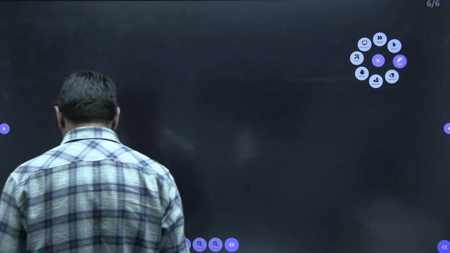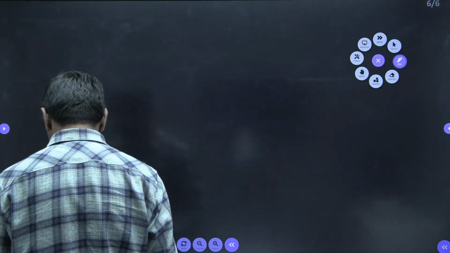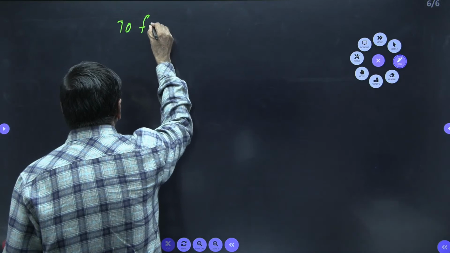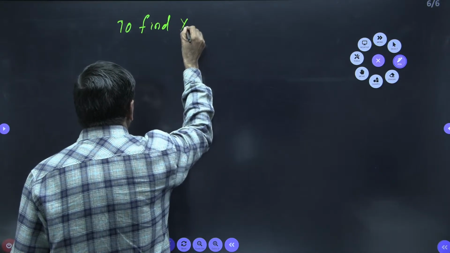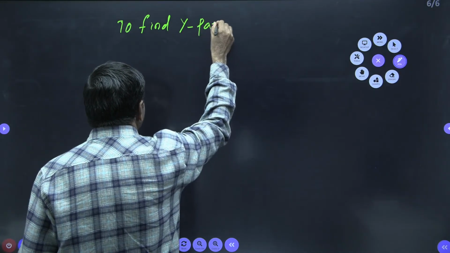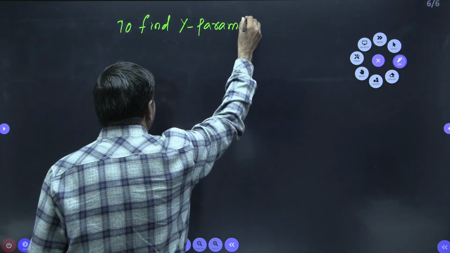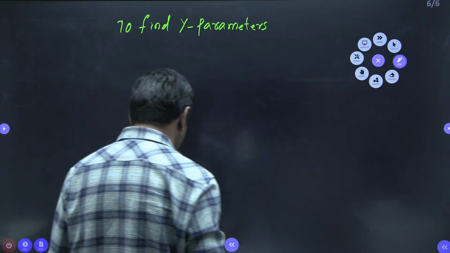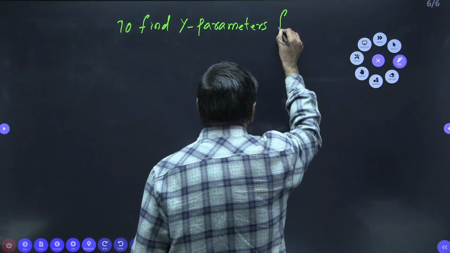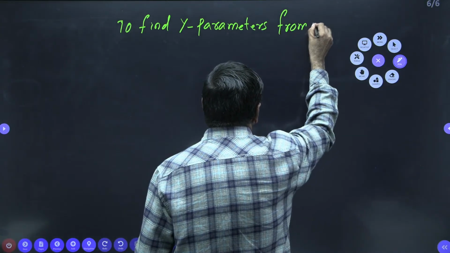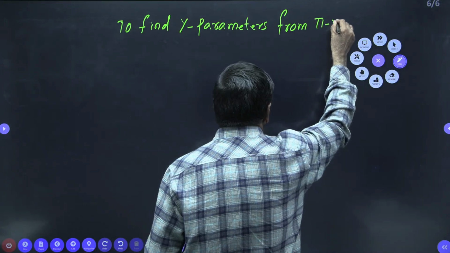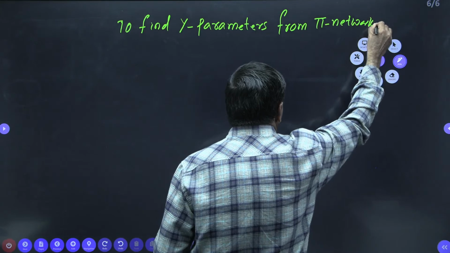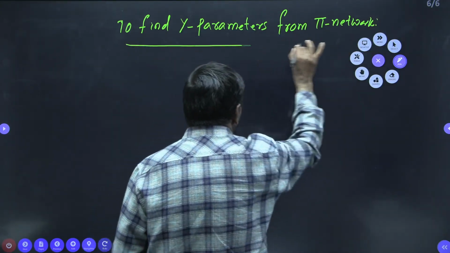The next one, to find Y parameters from the pi network. This is one more way.